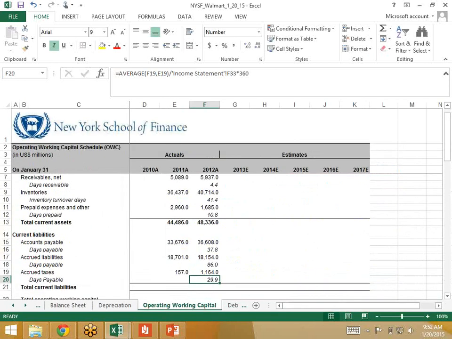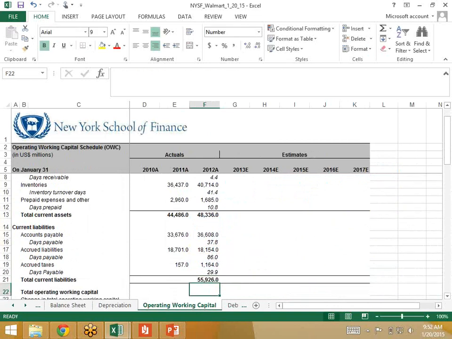And that gives us, okay, relatively low number of days. And we will sum up the liabilities: accounts payable, accrued liabilities, and current liabilities.